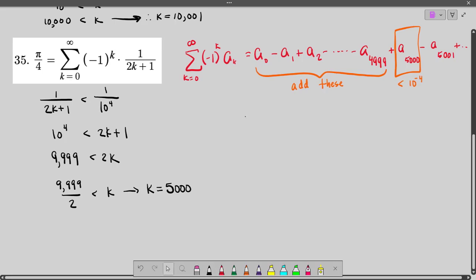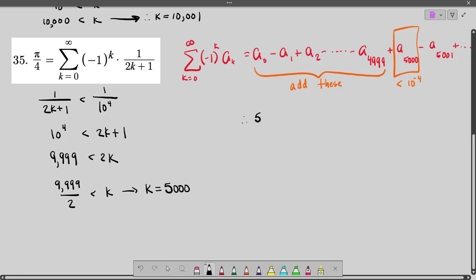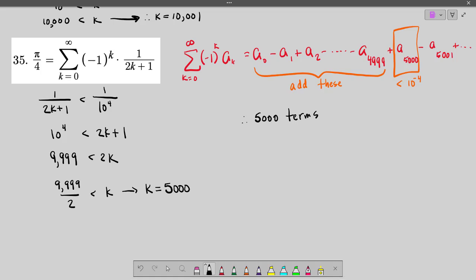So therefore, 5,000 terms. And we would write this as S sub 5,000. If we're adding 5,000 terms, that's S sub 5,000. That's what S sub 5,000 means. This would be the sum, k equals 0 to 4,999 of negative 1 to the k.